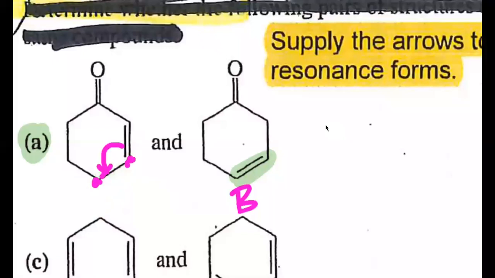Is that right? But now I have a problem there, don't I? So the pi bond is going to be my donor. Do I have an acceptor to accept that pair of electrons from that pi bond? No. In going from A to B? No, I don't. So I cannot do resonance here.